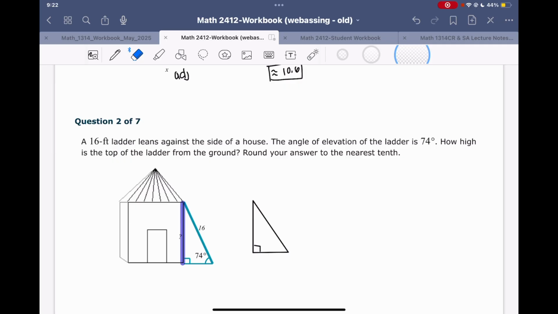the theta is going to be 74. The hypotenuse is going to be 16. And we're looking for the height, which is going to be the opposite side.